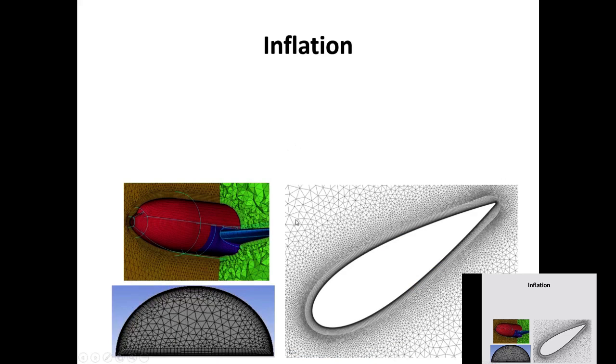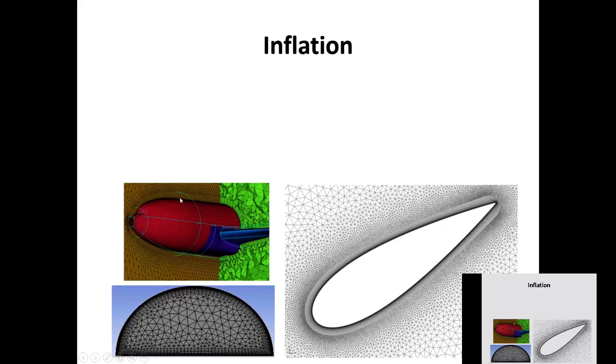And inflation. So you know the inflation layer now, and inflation is a clustered set of grid nodes near a wall or near a boundary where you want to resolve that smoothly. Okay, so that is an inflation.